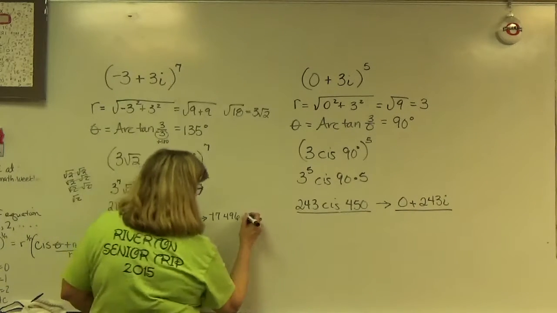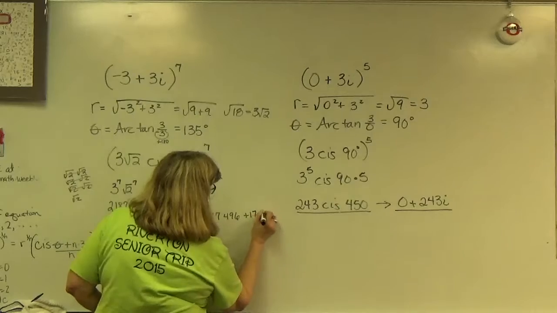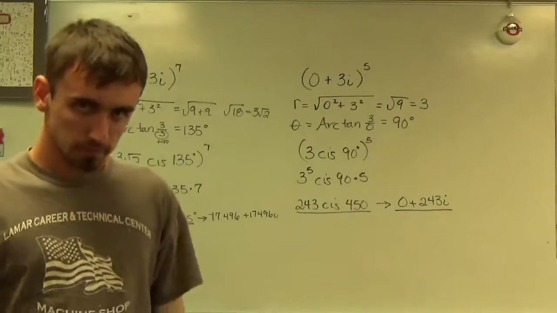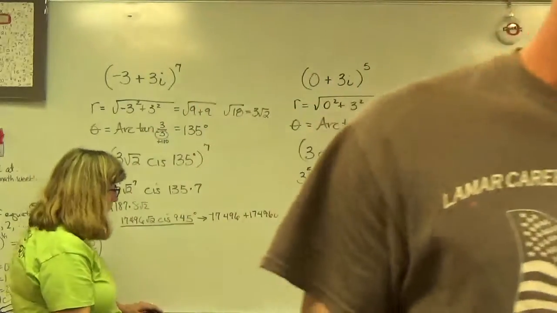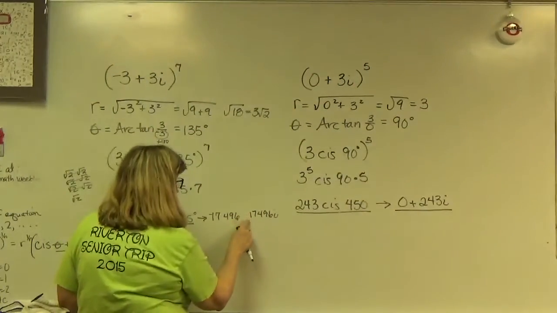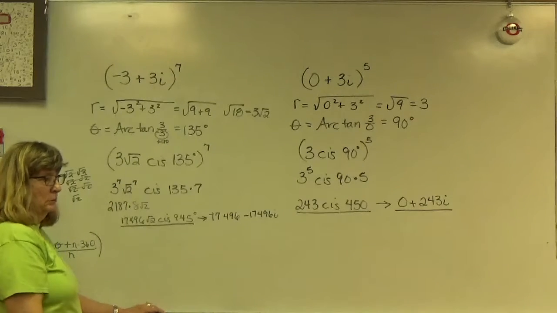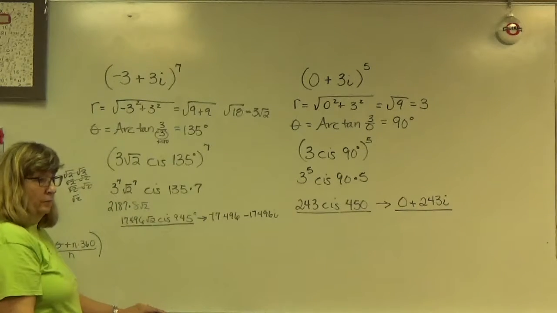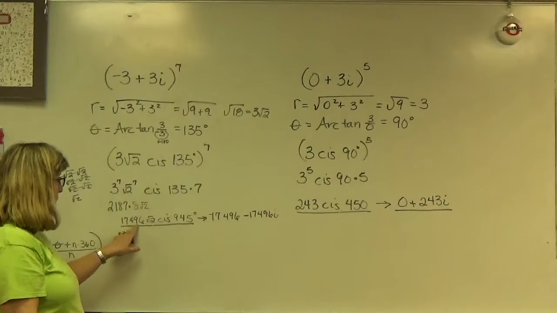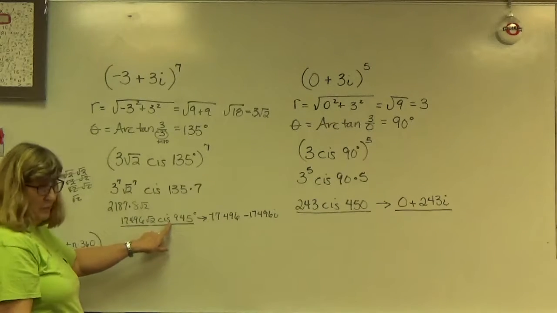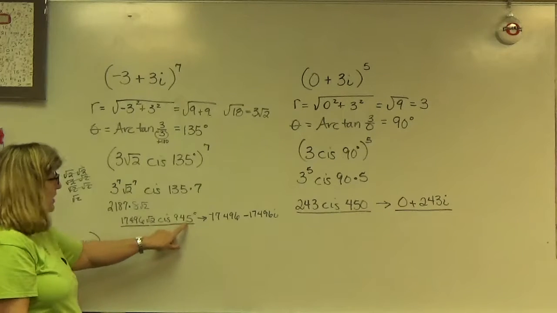Positive? Just positive. And you are going to have some that are decimals in them. I got a negative. Somebody else double check it. I got positive. Oh, I hit sine, see what I did.